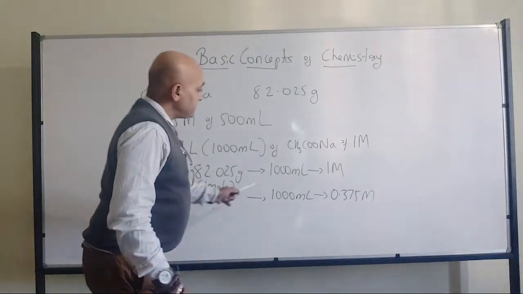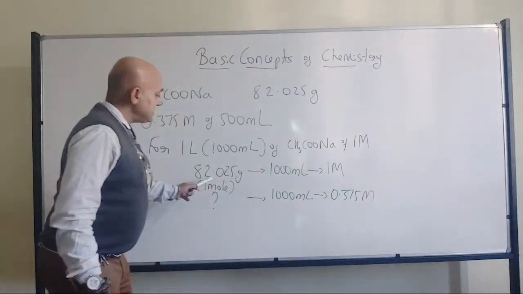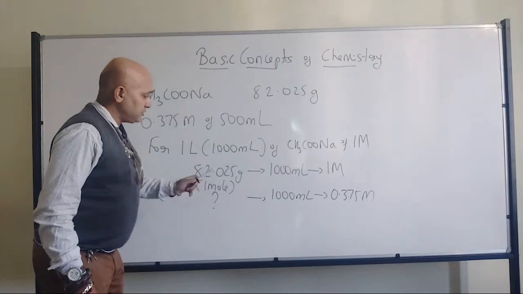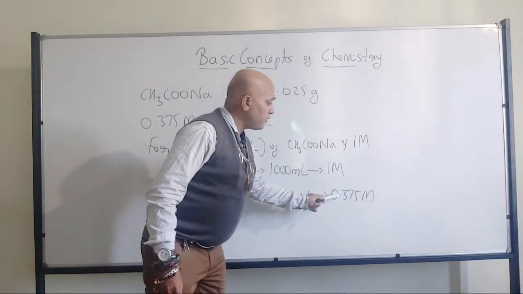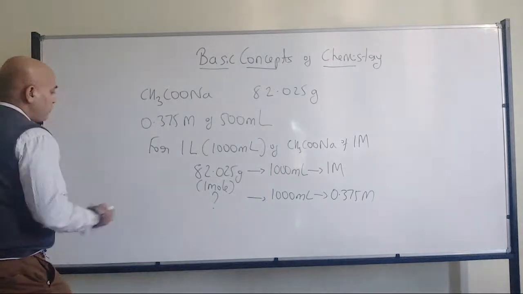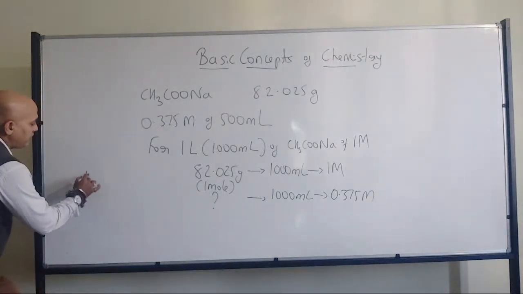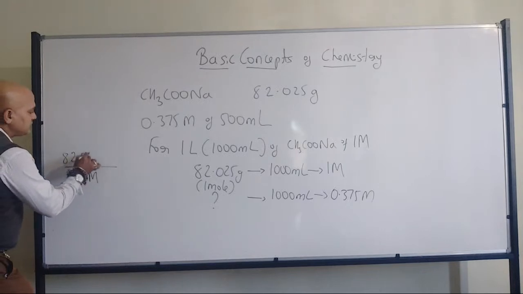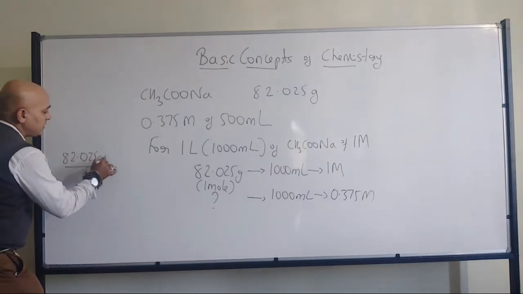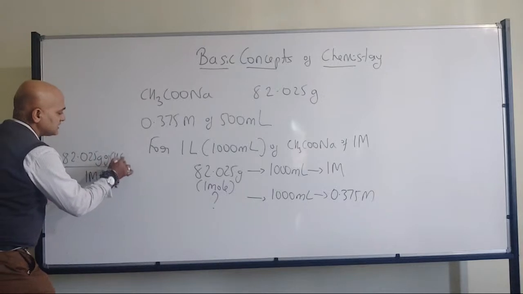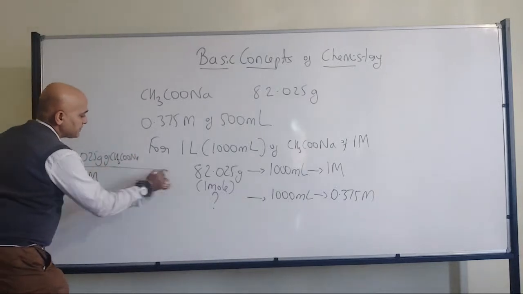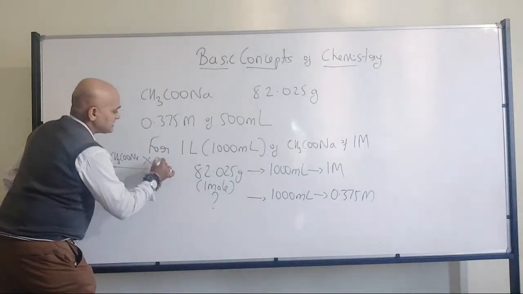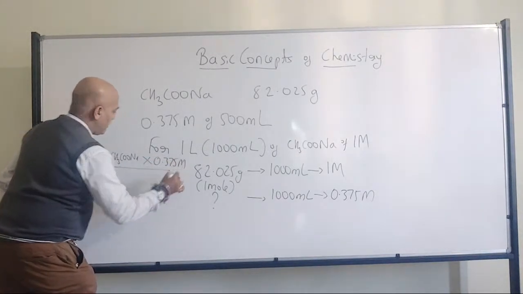Got my point? For 1 molar, it is 82.025 grams of sodium acetate I should take. How much should I take for 0.375 molar? For 1 molar, it is 82.025 grams of sodium acetate. So how much for 0.375 molar?